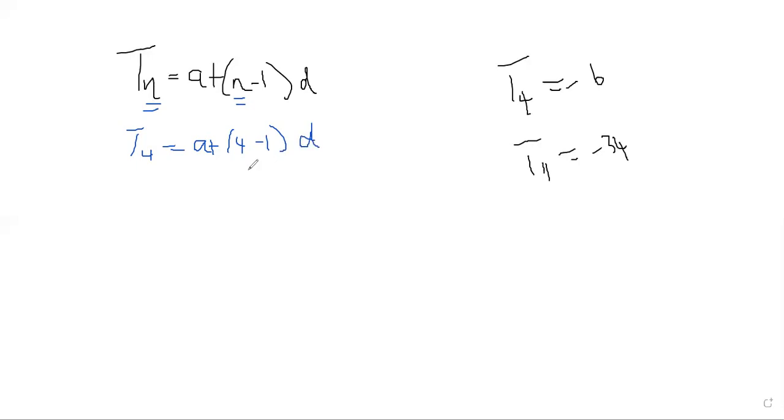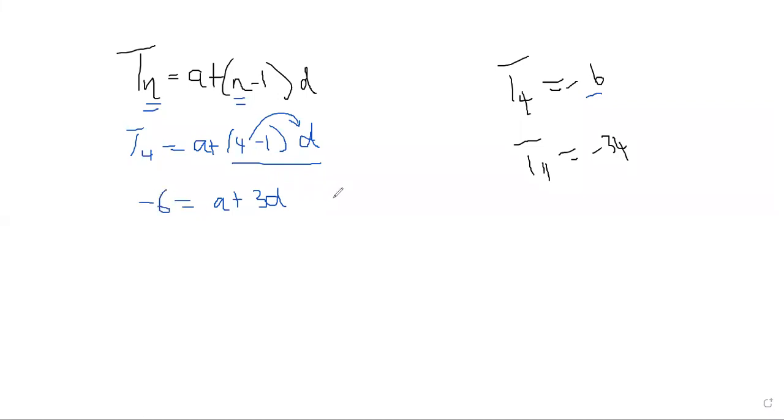So in the end you will have 3 multiplied by d, so we just cut it short and write a plus 3d. This is T4, right? So your T4 is -6, so we can substitute there and write -6, because we've been given that T4 is equal to -6.